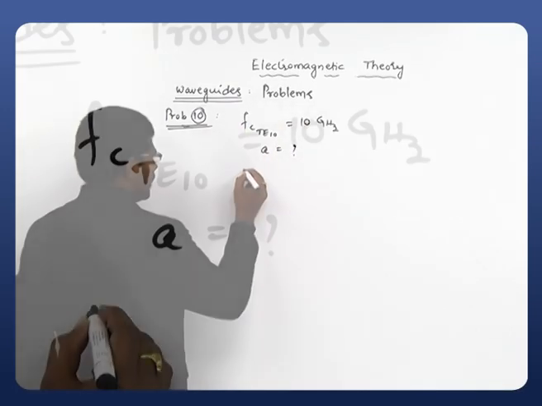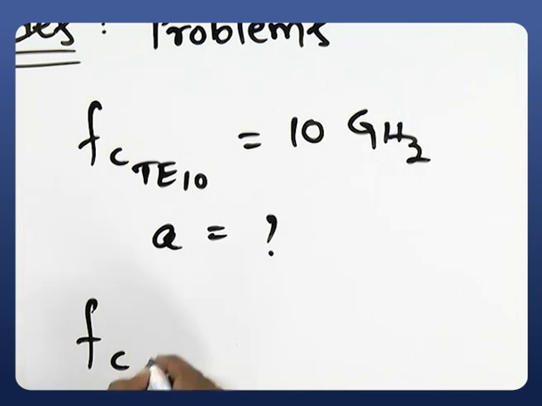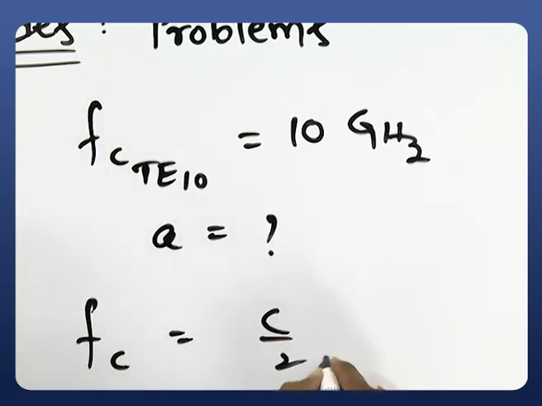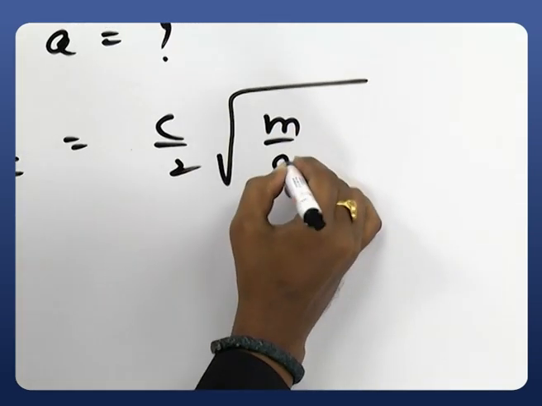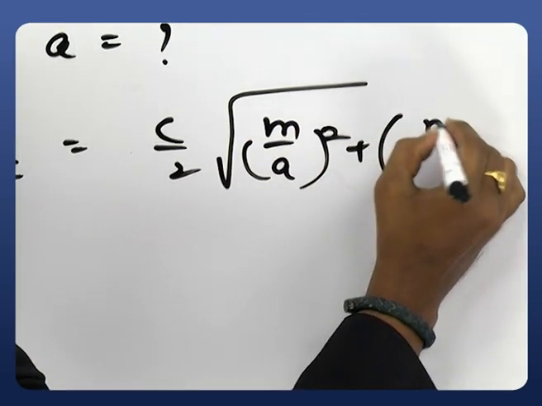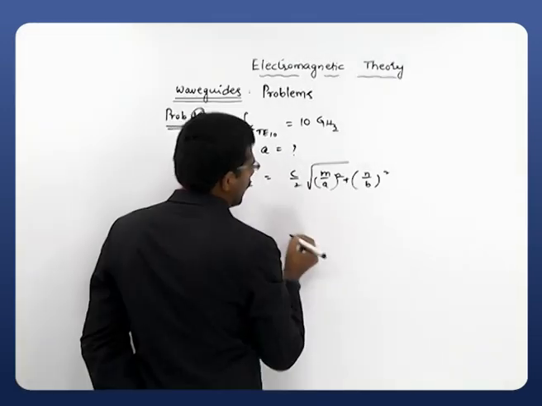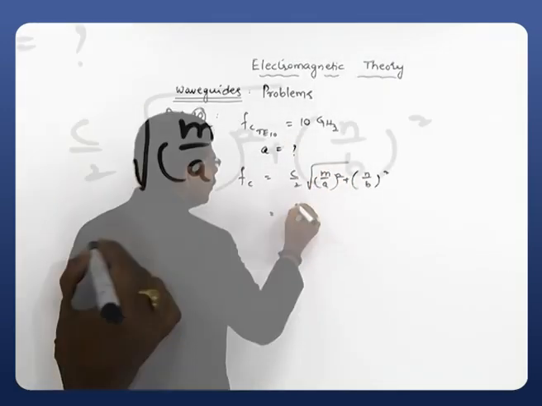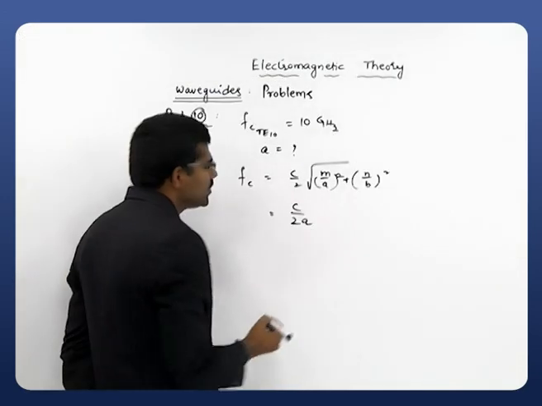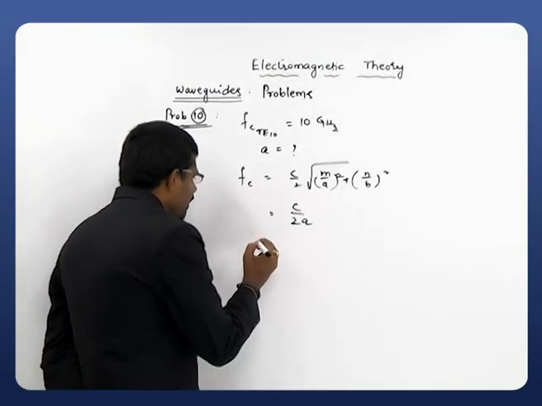Once again recollect the cutoff frequency, which is equal to C by 2, and I am assuming that it is air filled, C by 2 square root of M by A whole square plus N by B whole square. M is equal to 1, N is equal to 0. After substitution, what you will get is simply C by 2A. From this, what is A?